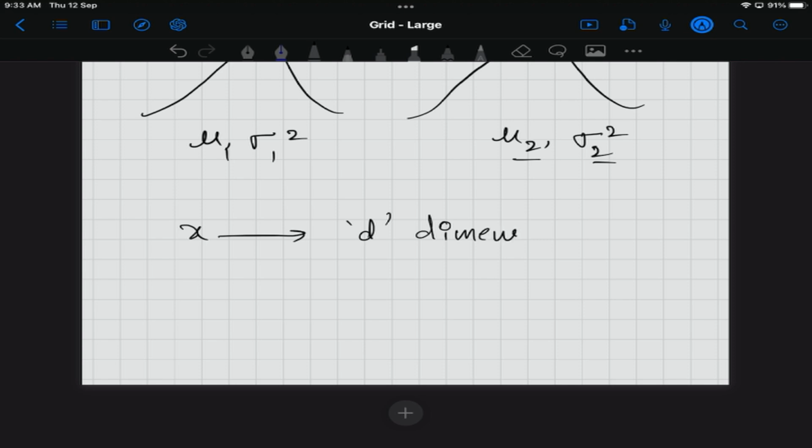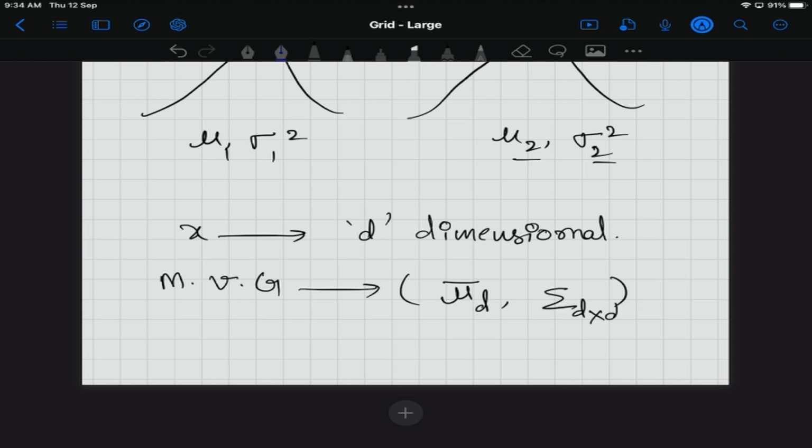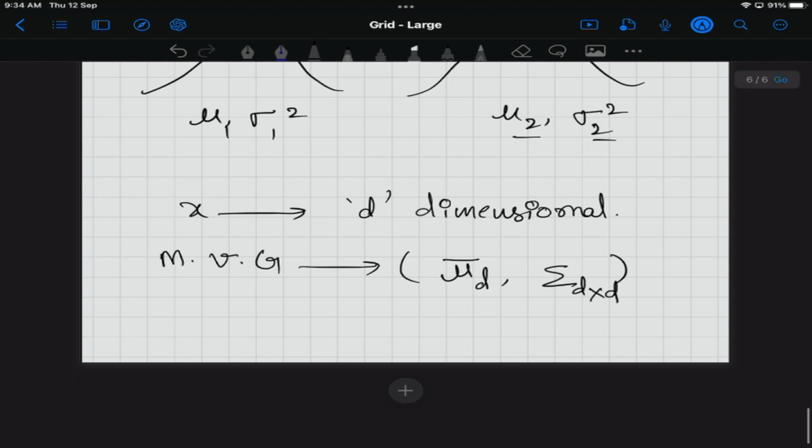In such cases, you need the multivariate Gaussian, which is a function of your parameter vector, the mu vector, and your covariance matrix. So instead of having a single variance, now you will have a covariance matrix and your mu vector.